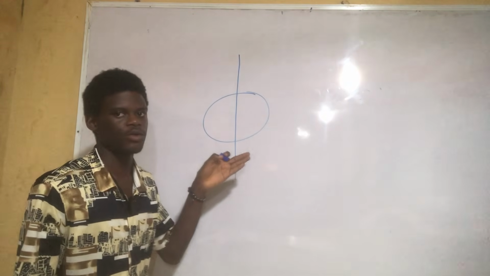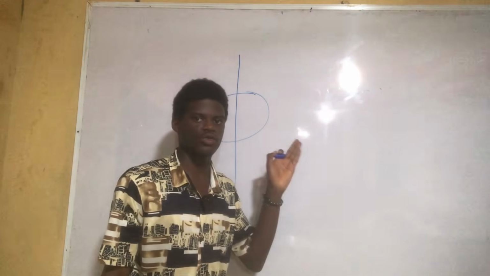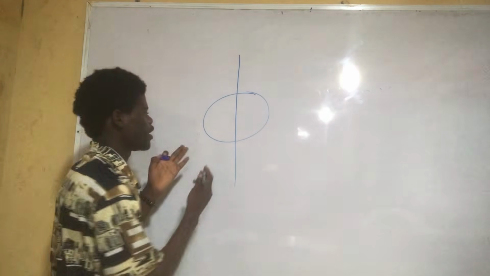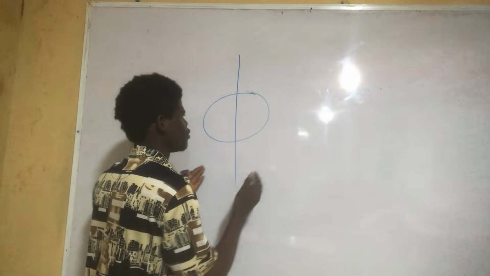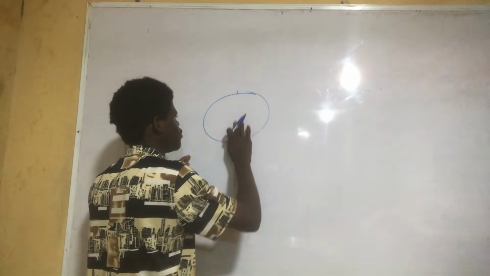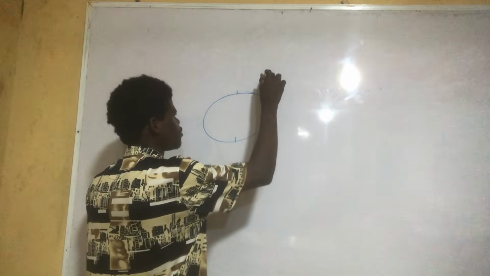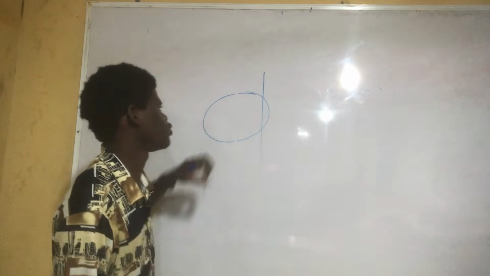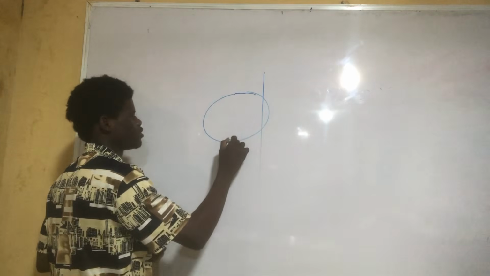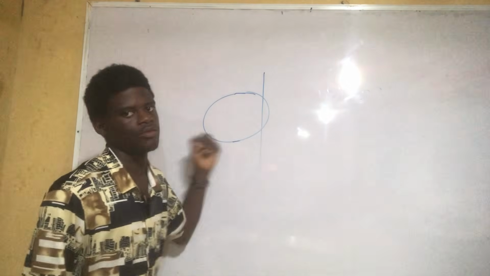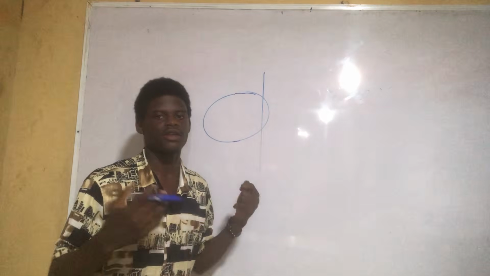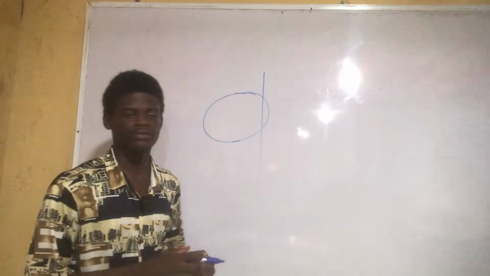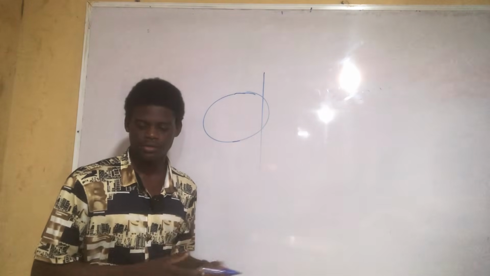That's why the moment of inertia is 1/2 mr². But what if the axis is here, or here? What is the moment of inertia now? We cannot use 1/2 mr² because it's not from the center. So that's why we have the parallel axis theorem, and there's a formula for it. We use it when the axis is not passing through the center.